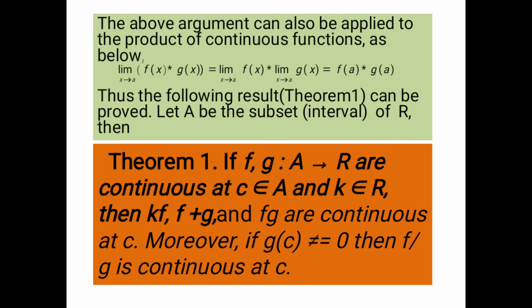You can also note that by using the same argument and algebra of limits, if g(a) is not equal to 0, in other words f(a) divided by g(a) is a finite value, then the limit as x tends to a of f(x) by g(x) is equal to f(a) divided by g(a).